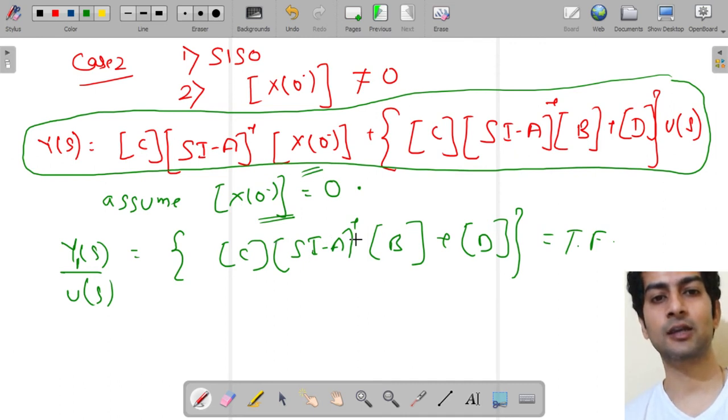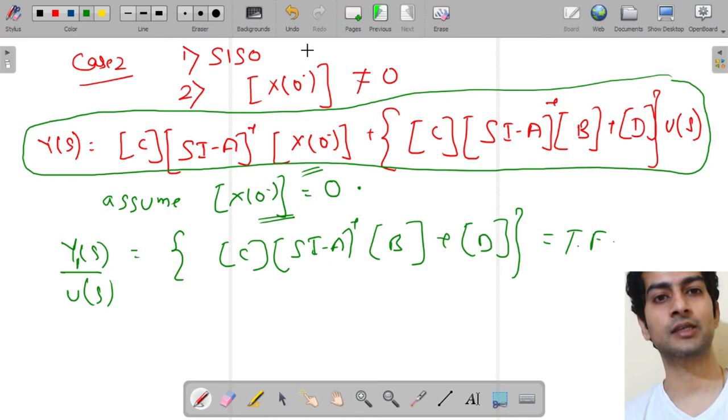Here just for the sake of calculating the transfer function, we assume 0, because I just wanted to tell you that the initial condition being 0 is not the only important criterion for a transfer function. Even if initial conditions are not 0, we still calculate the transfer function by assuming it's 0. The important criterion was this, SISO or MIMO.